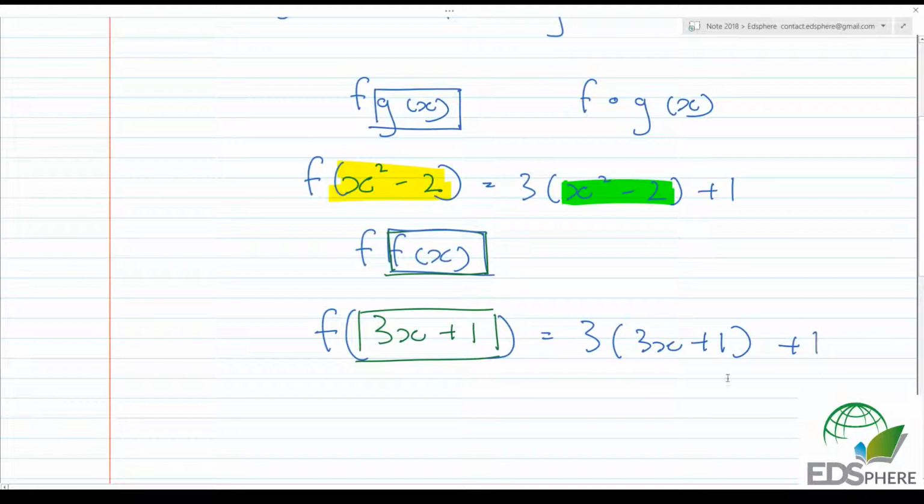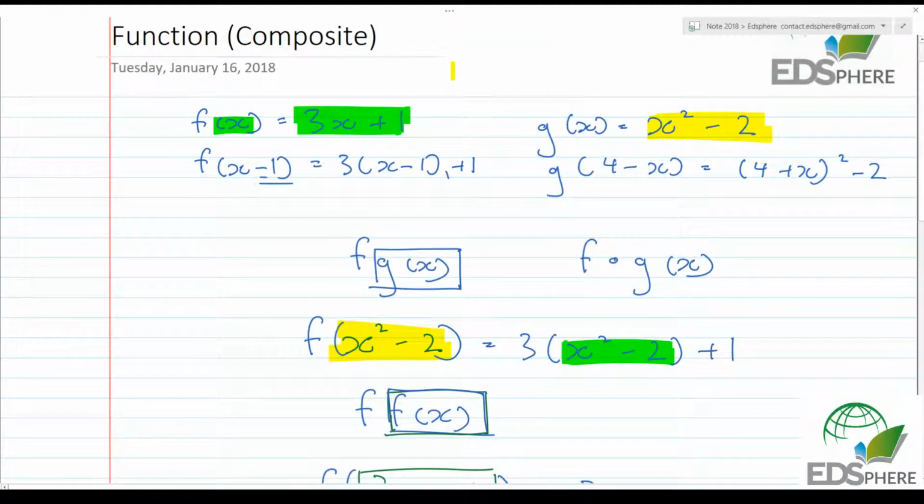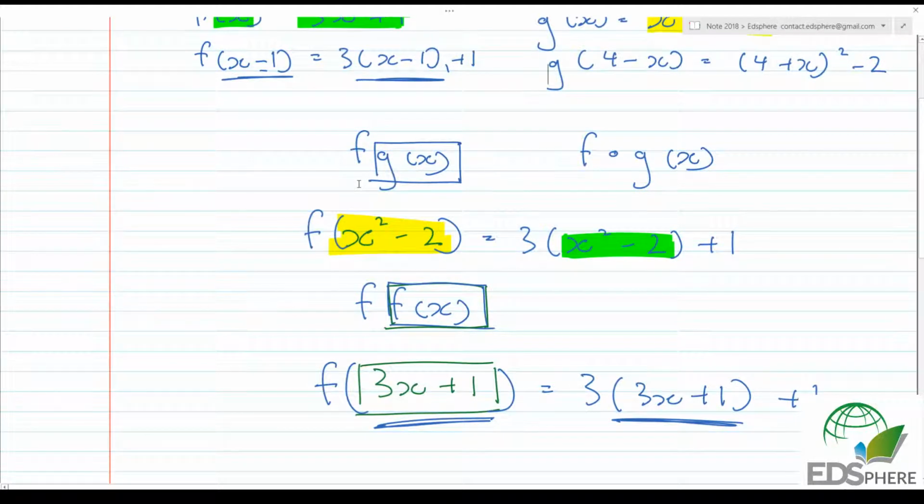So very simply, we just sub the 3x plus 1 back into here. Similarly to what we did here. So that is actually how you do composite function. Very, very simple, to the point, and easy.